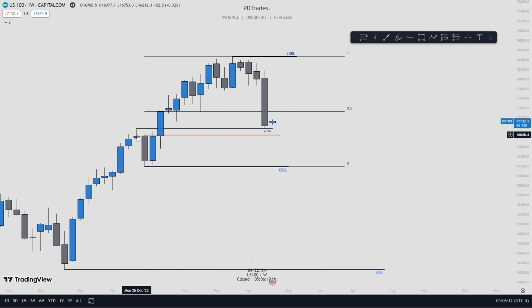It rushed there and took out liquidity, because this is a swing high. So there's liquidity resting below here, and inside of that there's a what? There's a breaker and a fair value gap. So that's a high probability key PD array. So the market was drawn there.